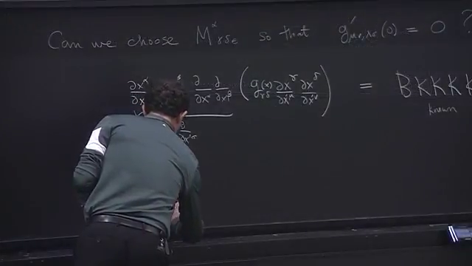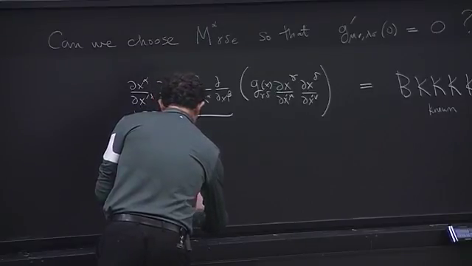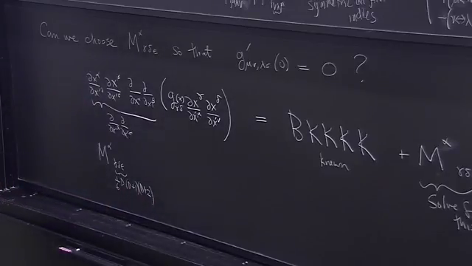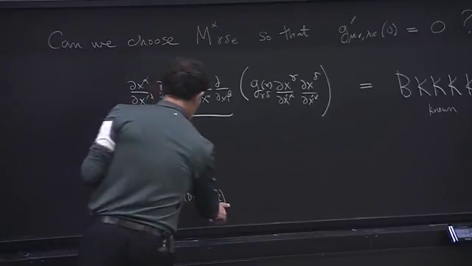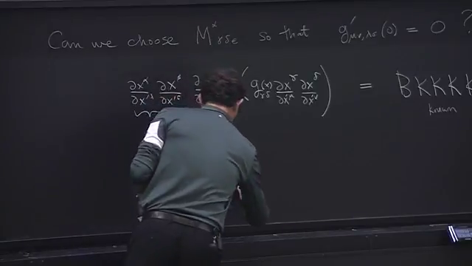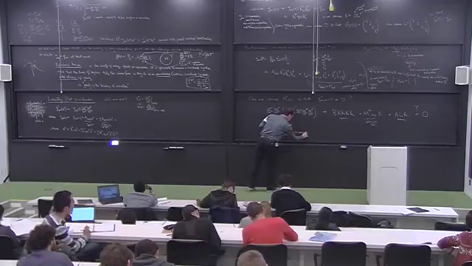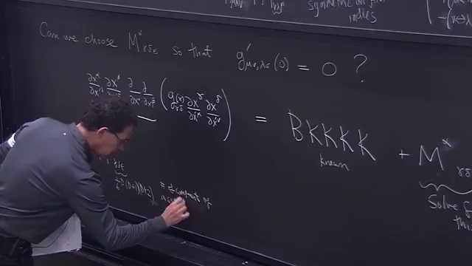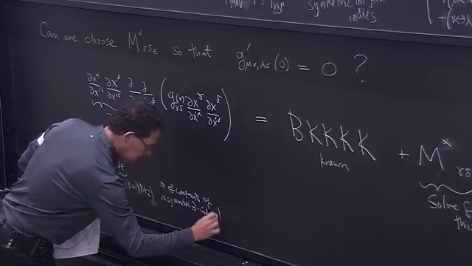And it's not hard to convince yourself this is just d, d plus 1, d plus 2 over 6. So that is the number of components of a symmetric 3-index tensor.